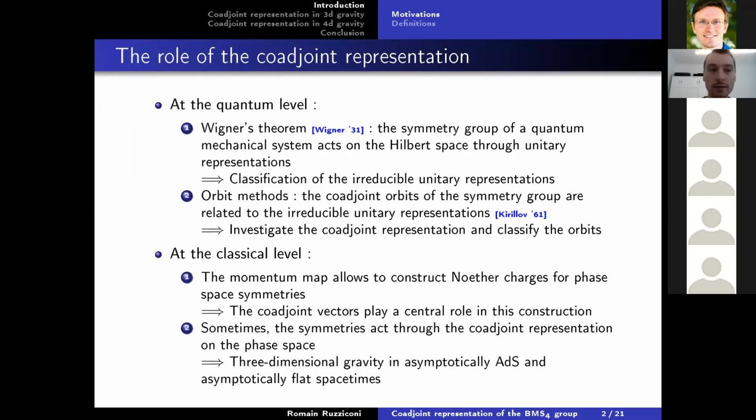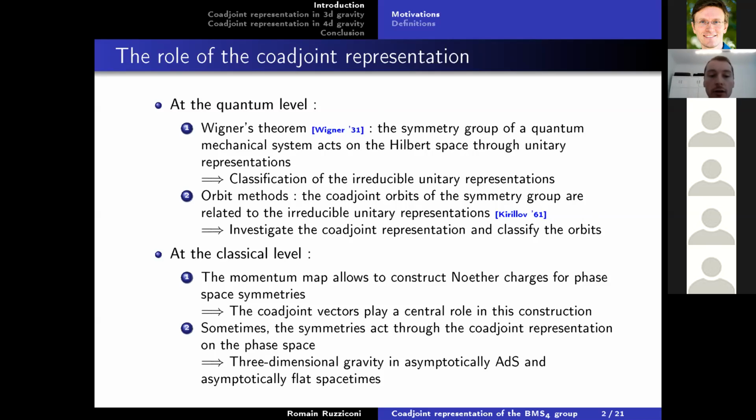In this context, it's very interesting to try to classify the irreducible unitary representations of this symmetry group. There exist some orbit methods that have been established by Kirillov and that relate precisely the coadjoint orbits of the symmetry group with these unitary representations. So in this context, it is interesting to investigate the coadjoint representation of the symmetry group and try to classify the orbits.